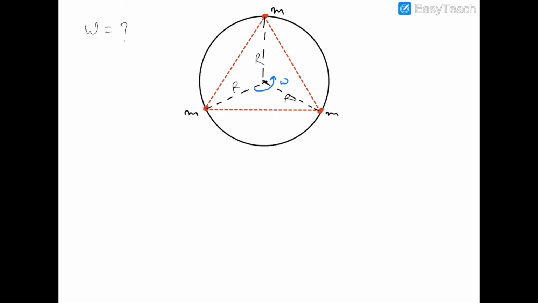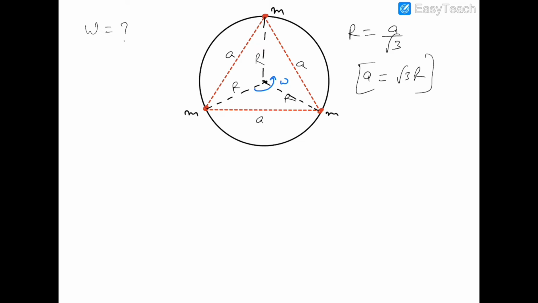So we know that they are rotating in this circle due to their mutual gravitational force. And if we assume that this triangle has a side of A, then this R will be equal to A by root 3, because we know that if this side is A, then this distance is A by root 3. In the question we are given R, but not A, so we can find the value of A as root 3 R.